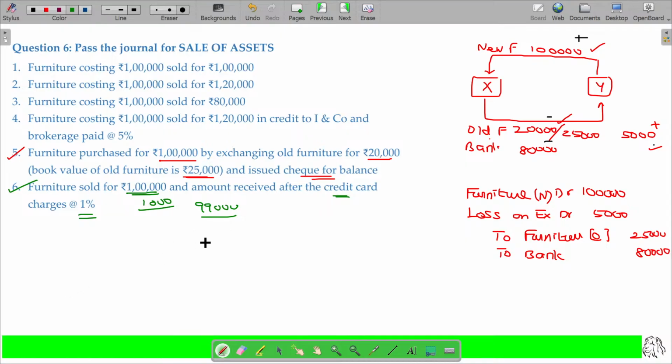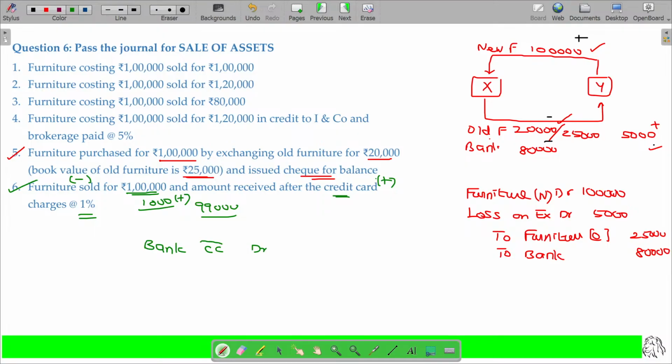So the journal entry being, we assume it's a credit card, so we are getting the money from the card. Furniture goes out, so it should be a minus item. Credit card is a plus item, meaning bank account is a plus item. And you are getting 1,000 rupees lesser. It's a loss. Loss should be a plus item. So credit card account debit or bank account debit.